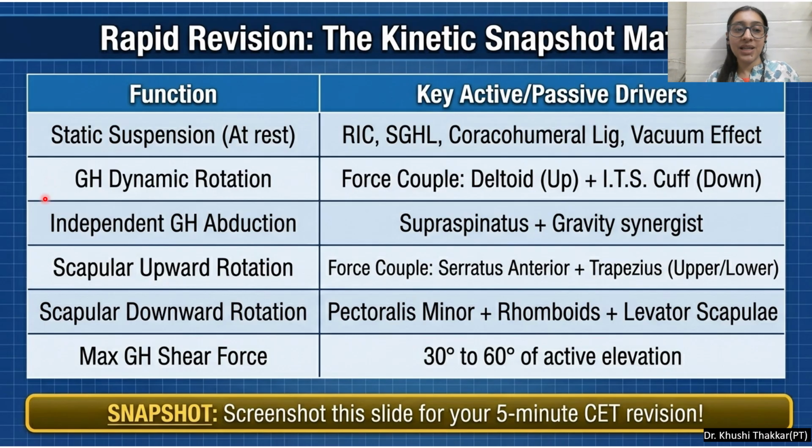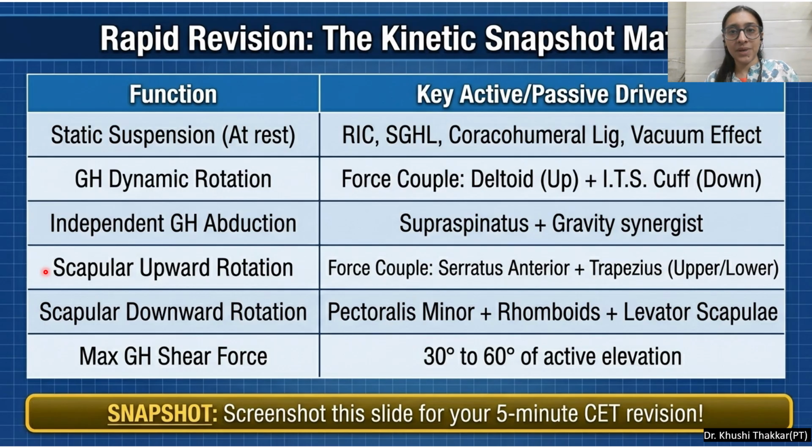Next comes the independent glenohumeral abduction. I am sure when you see the word independent abduction, you can directly now say supraspinatus and its superiorly translatory component can be offset by gravity. Next comes the scapular upward rotation, which is provided by two muscles which participate in a force couple, that is serratus anterior and trapezius.